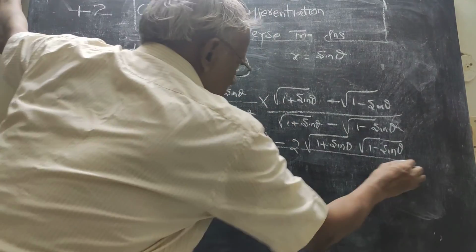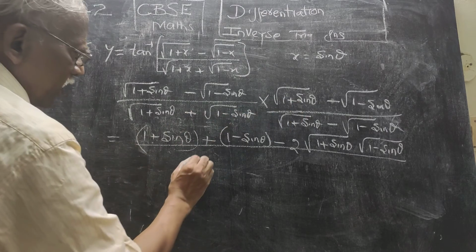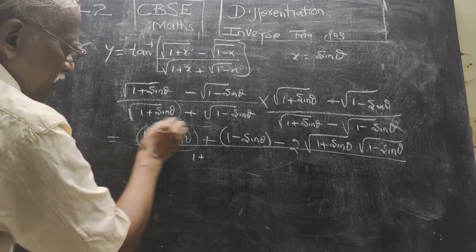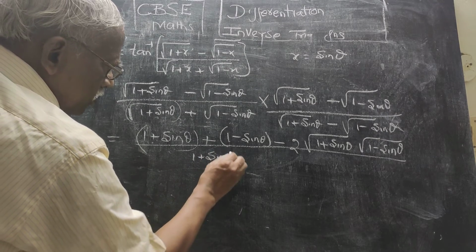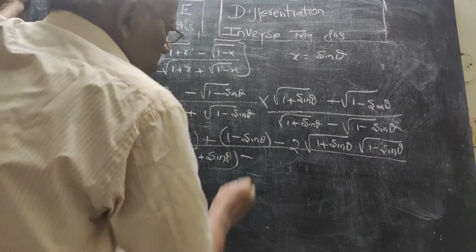What about the denominator? x plus y and x minus y, therefore x square minus y square, x square and root goes, minus y square.